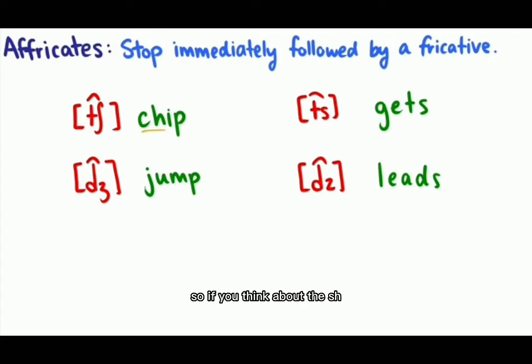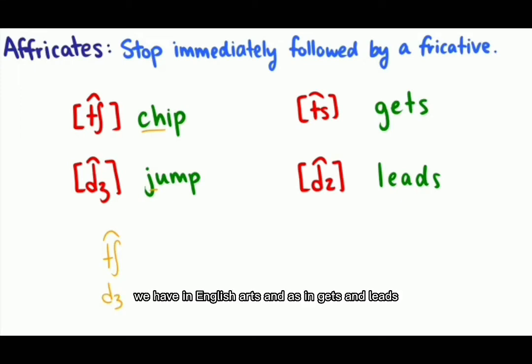So if we think about the "sh", those are two symbols for two sounds, but we're doing them at the same time. So in terms of the "ch", we're doing them together, "ch", "ch", and then we put the tie bar around the symbols to show that they are at the same time, similar with the "z", instead of doing the "d" and the "z", it's doing them sometimes together, "dz", "dz".